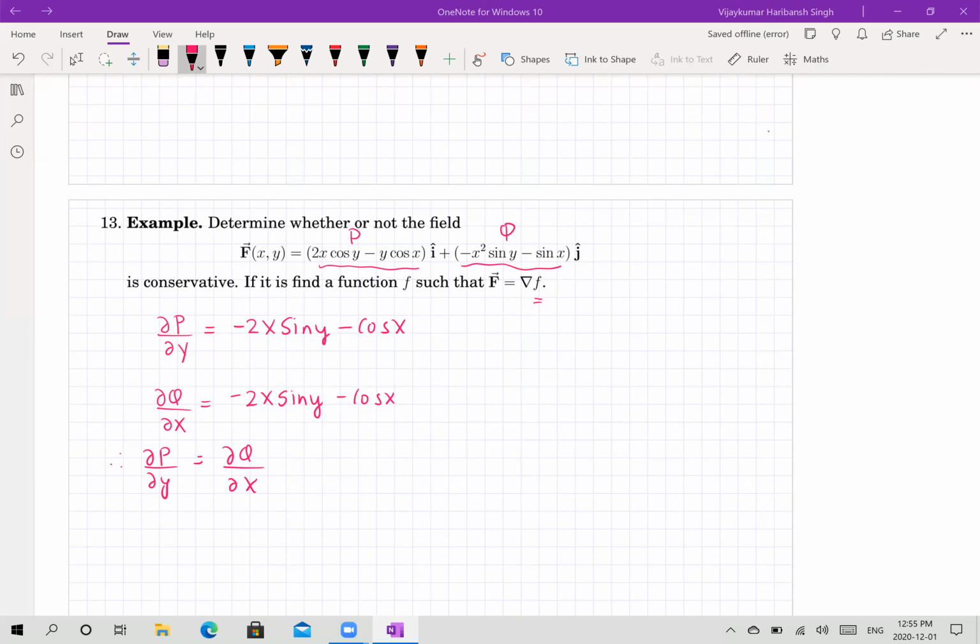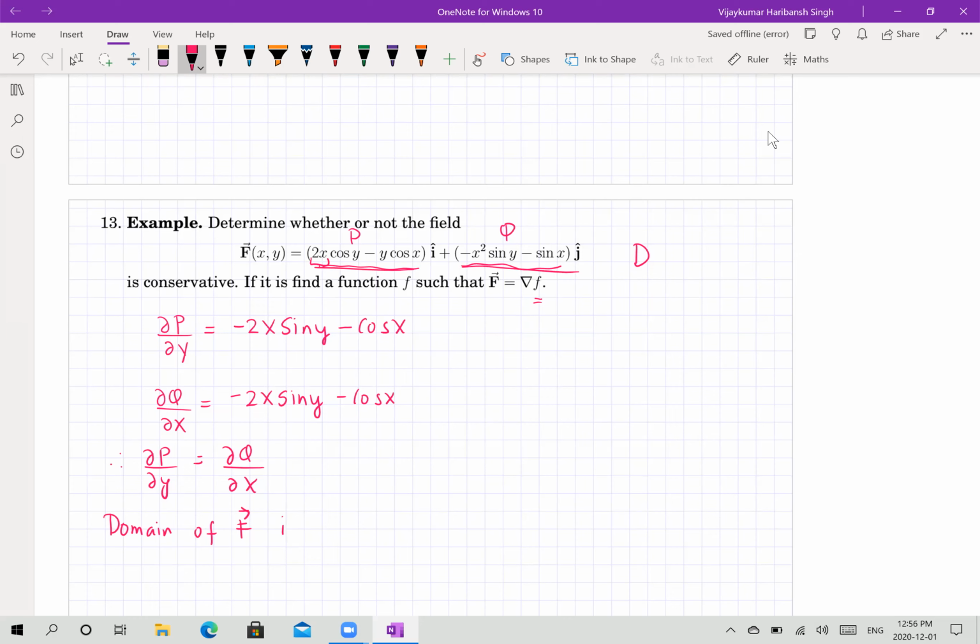Then the question is, is this enough to see? And the answer is no, you have to see what the region D is. So what is the domain of F? This is defined for all of x, y. So all these terms are defined for all x, y.